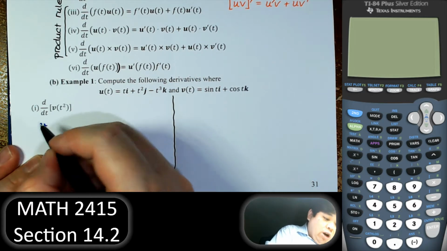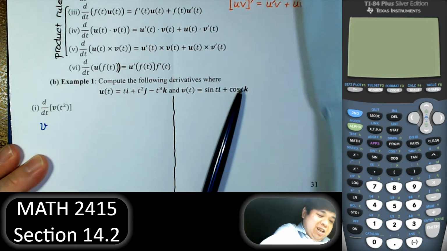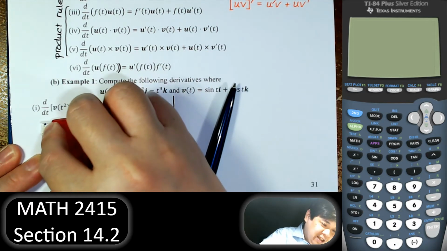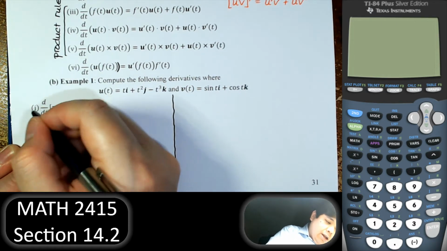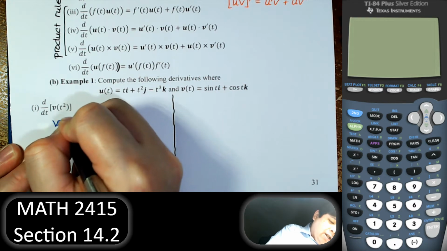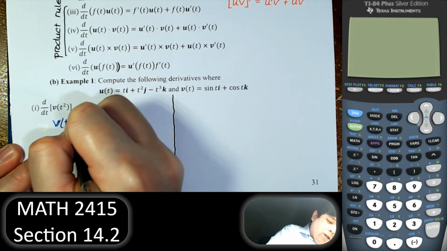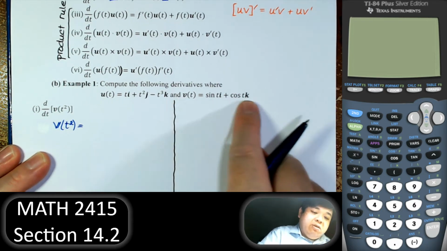By the way, I should write just the vector v. Vector v of t squared.